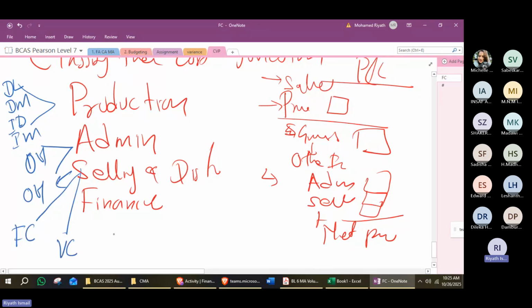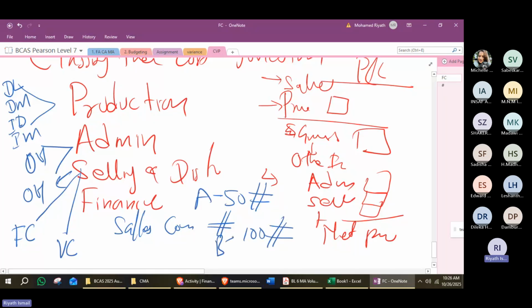Say sales commission per unit: is it variable or fixed? Fixed? No. Say a salesperson sold 50 units and another sold 100 units, this is sales rep A, this is sales rep B. Who will get more commission?